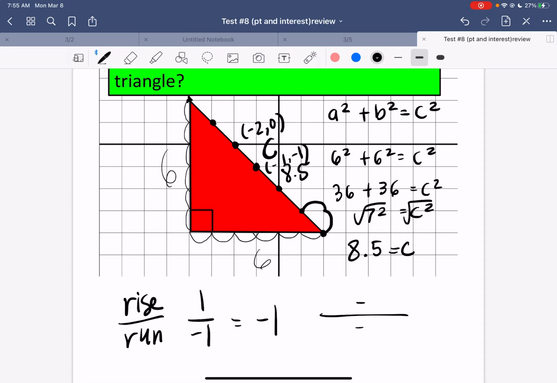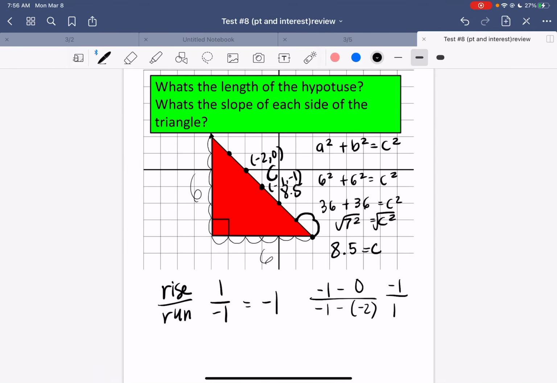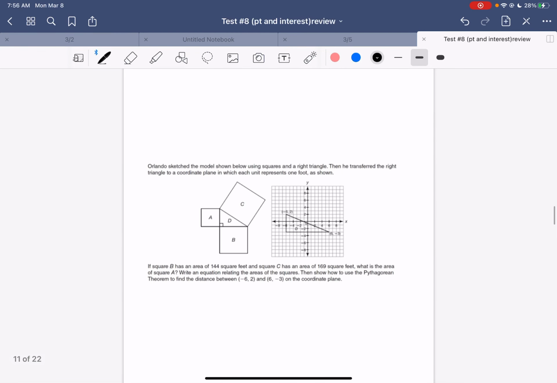So we would have y2, -1 minus 0 over -1 minus -2. So that would leave us at -1 over 1. So we see we get the same answer. So those are 2 ways that you could find the slope of this line. So go ahead and take that into consideration. There will be a test question like this, so be aware.